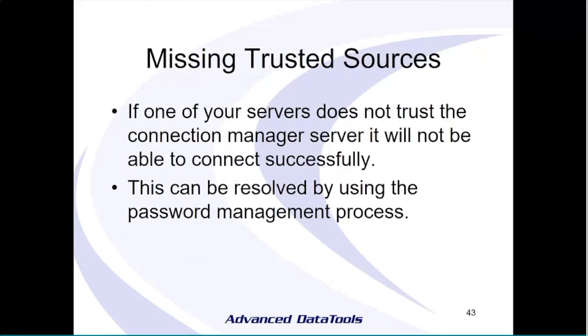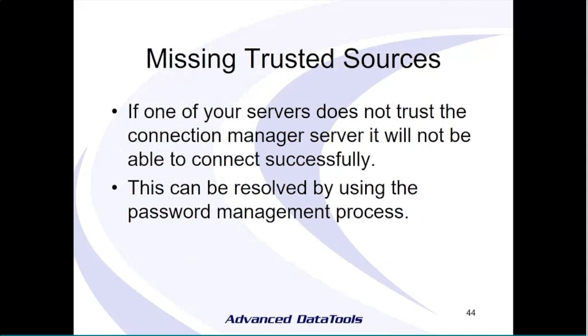Trusted sources: if your servers do not trust the connection manager, so your connection manager can't connect without a password, it's not going to be able to connect. You'll get an error in the log. There are password management processes, and a bunch of really good tools that they put in for enterprise replication using the encrypted password tools. You can set it up that way.